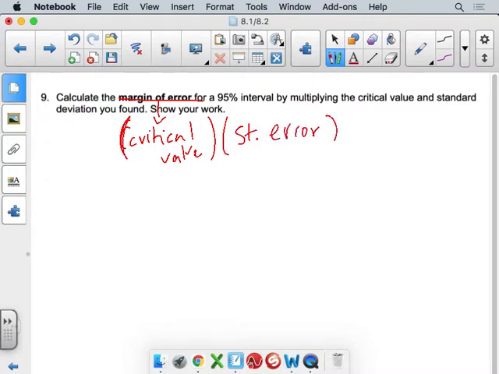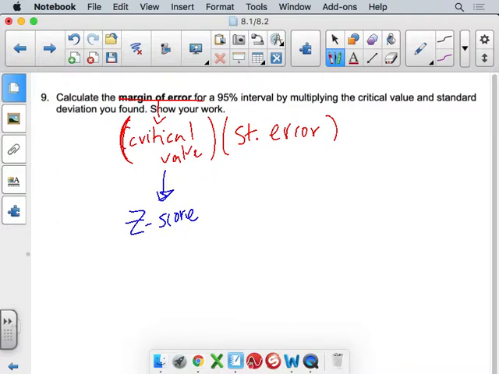On your paper, we're going to be looking at number 9 and 10. If you want to write this somewhere different, you're good. Let me just explain what a critical value is. A critical value is just our z-score. And a z-score is how many standard deviations you are from the mean.